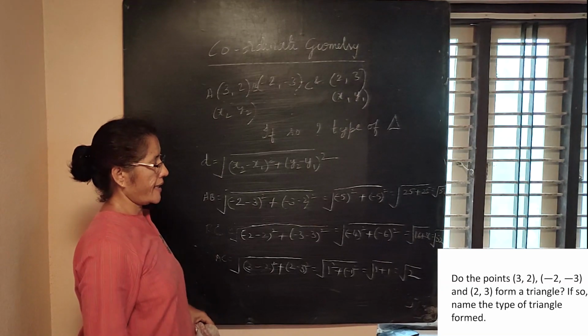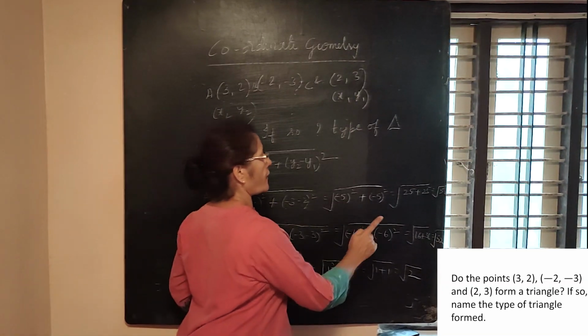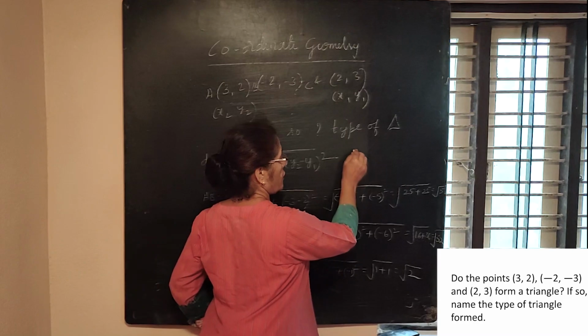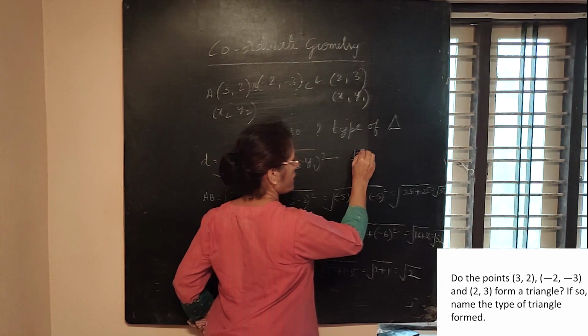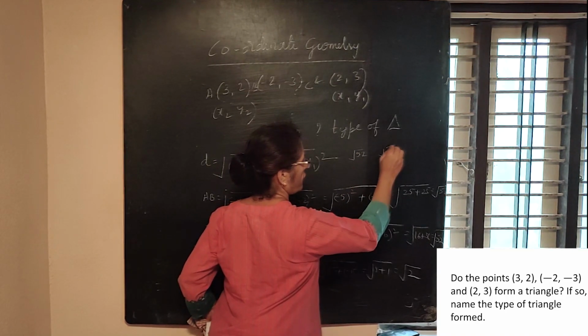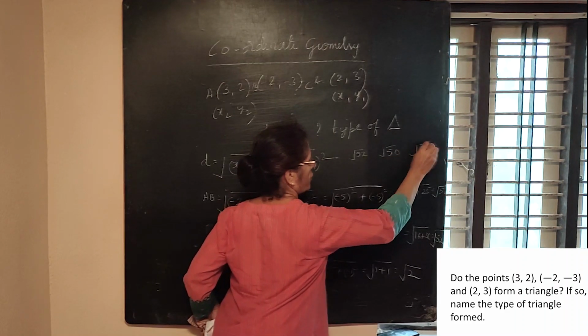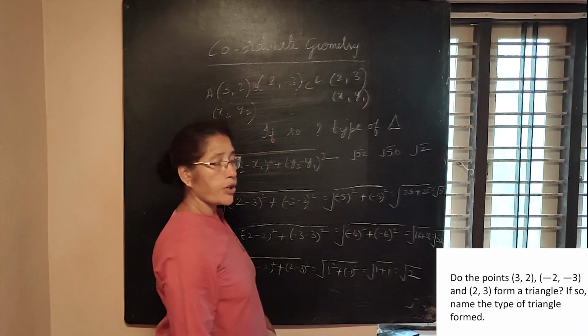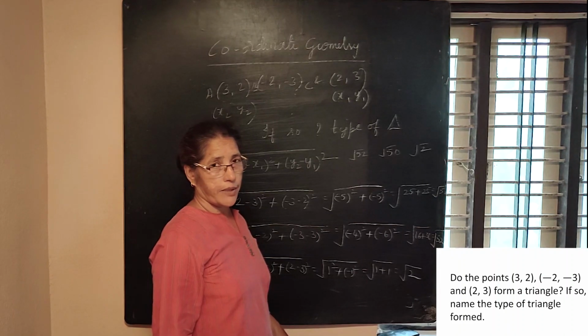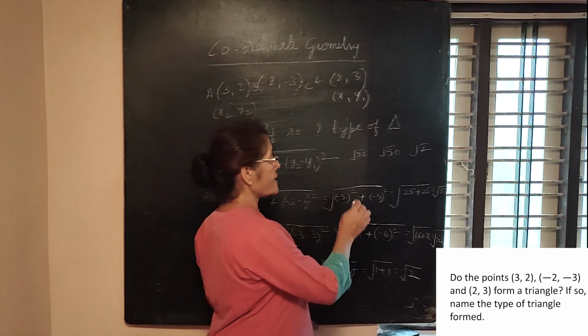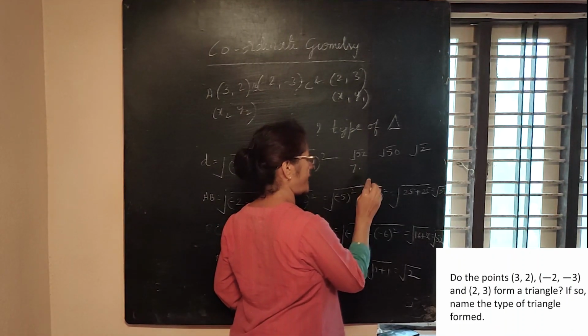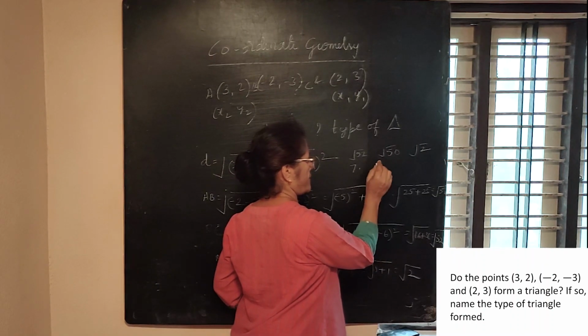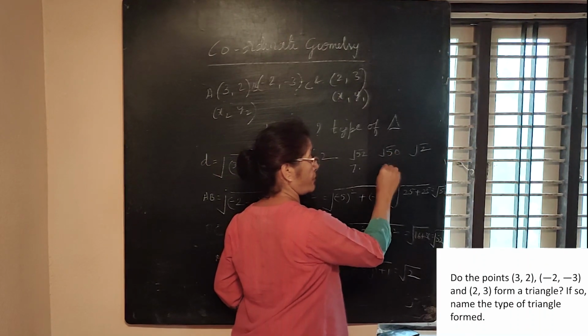Now how do we check which is the biggest side? We have square root of 52, square root of 50, and square root of 2. You know 7 sevens are 49, so square root of 52 is 7 point something, and square root of 50 is also 7 point something.